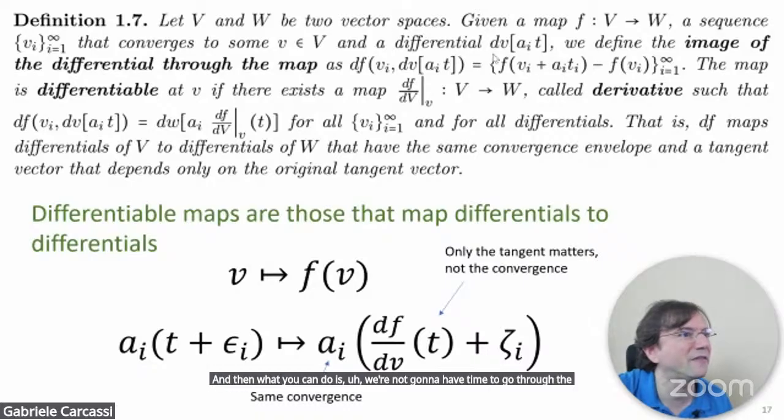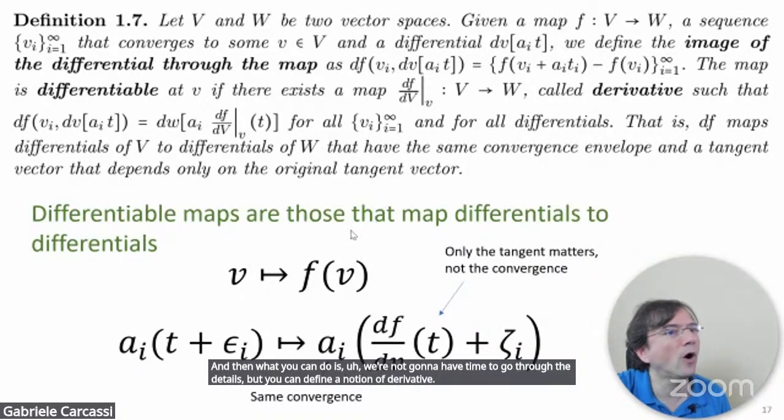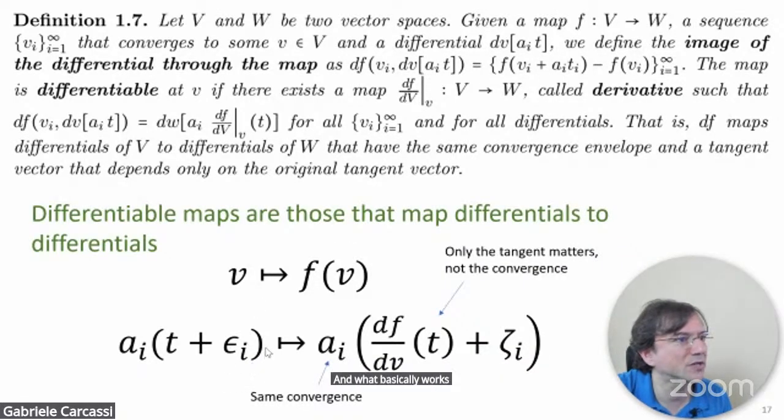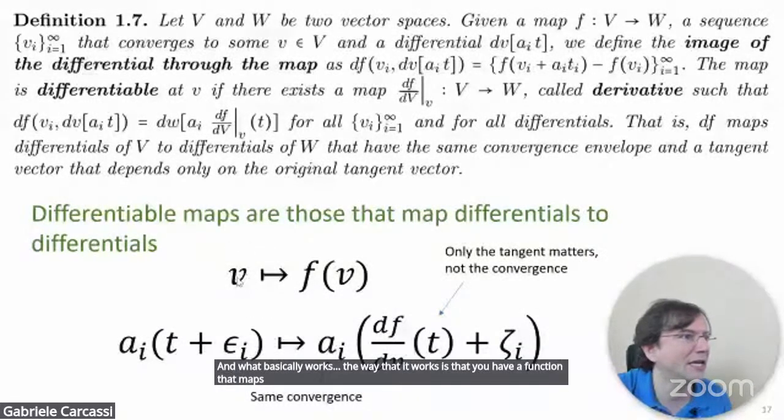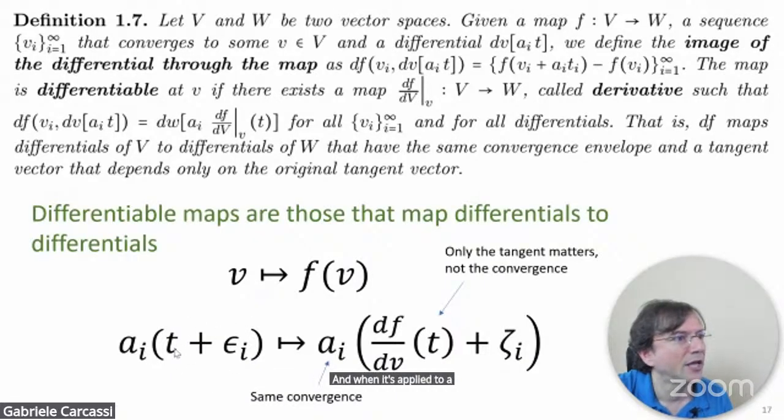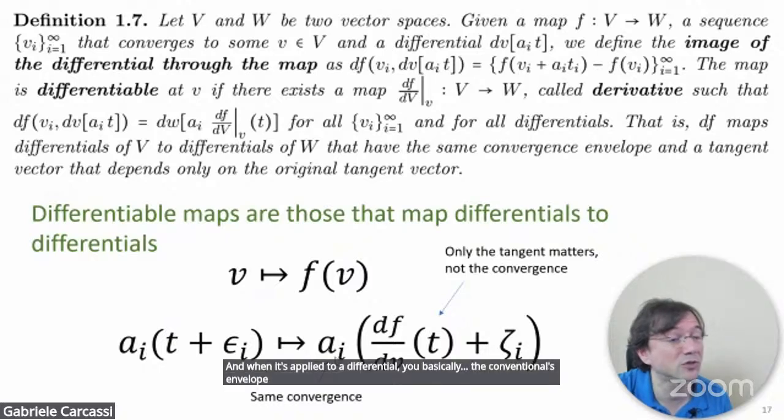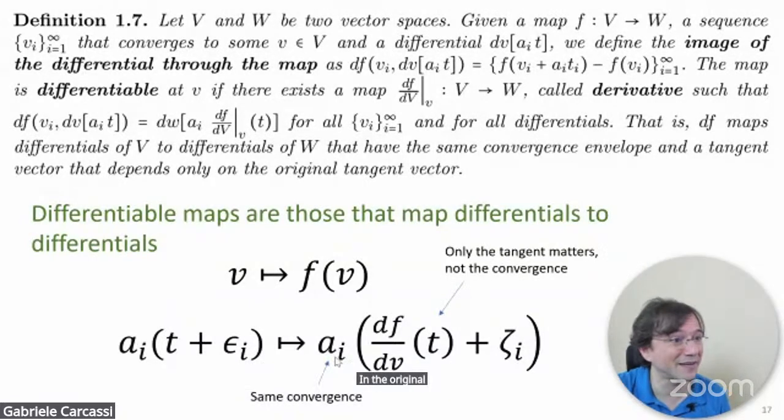And then what you can do is, we're not going to have time to go through the details, but you can define a notion of derivative. The way that it works is that you have a function that maps a point to a point, a vector to another vector. And when it is applied to a differential, the convergence envelope remains the same. So you go to 0 in the same way in the original space and the target space.